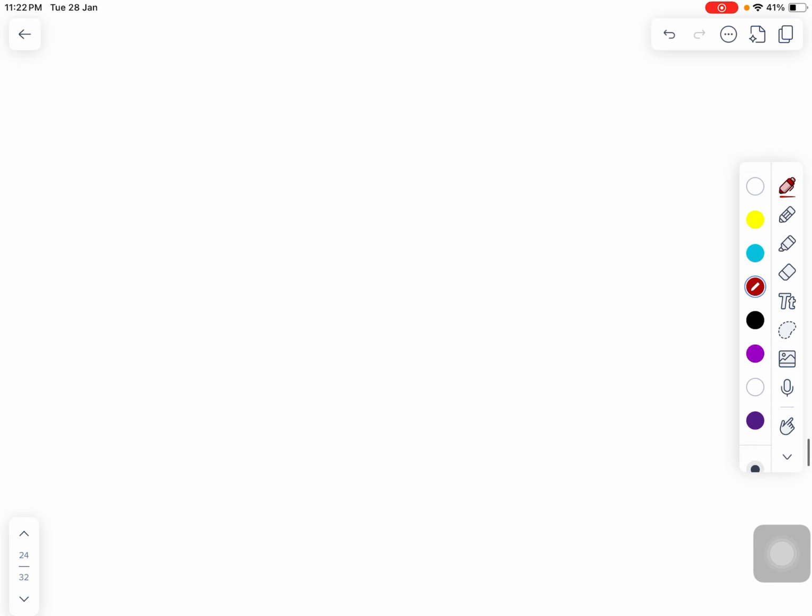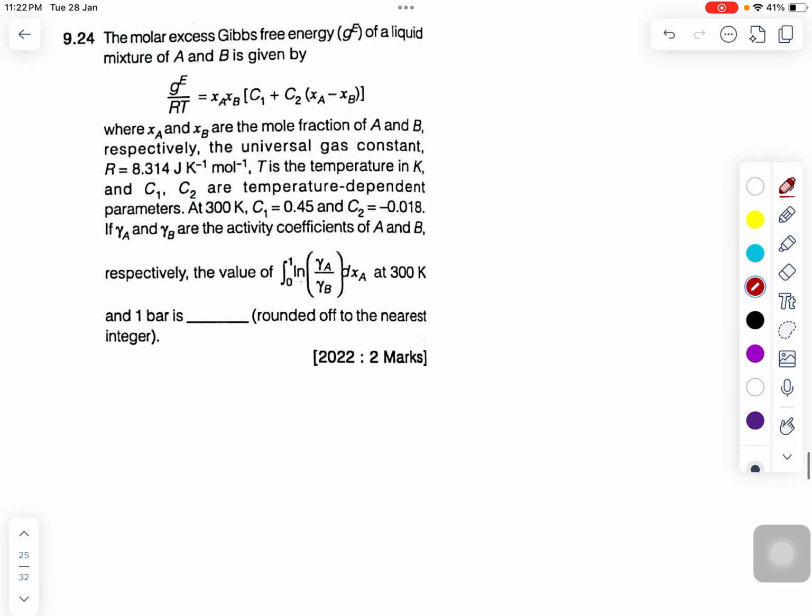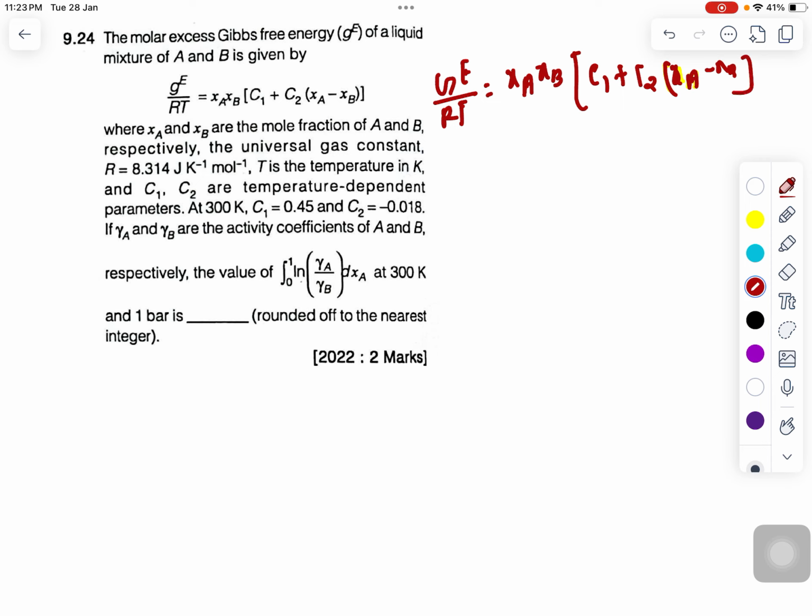Now moving towards the next problem of today's discussion, and again this question is really good. This question has been asked in 2022, and in this particular problem you can see that the excess Gibbs energy is given to you, that is XA, XB, and obviously C1 plus C2 times XA minus XB.